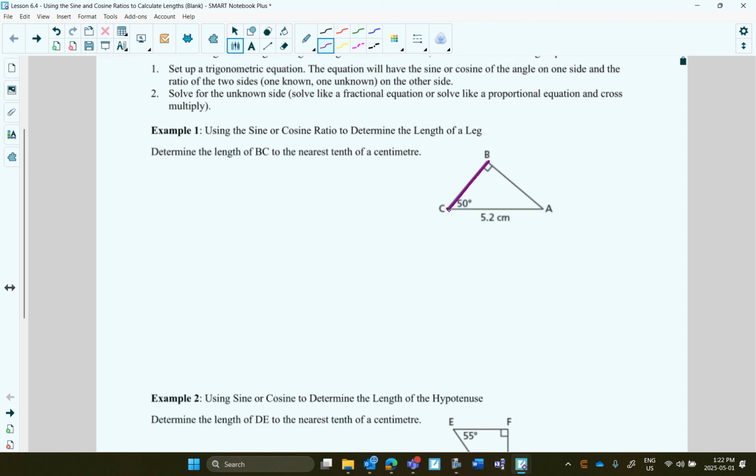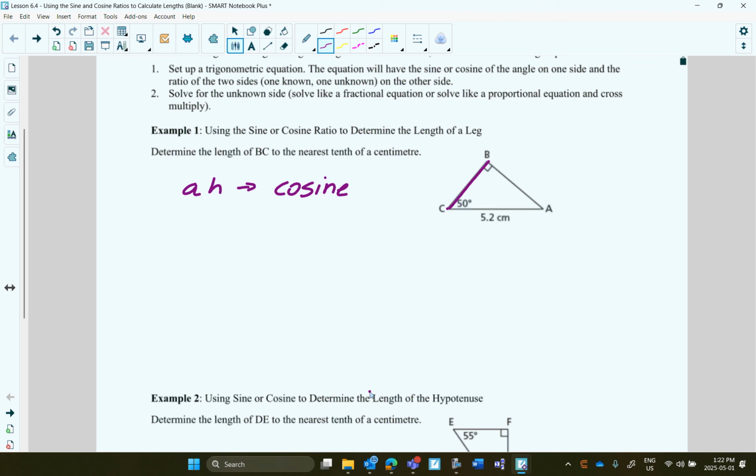Where's opposite? Over here, right? Which means this must be adjacent. So we've got adjacent and hypotenuse, which means? We usually say cos. You can say cos.